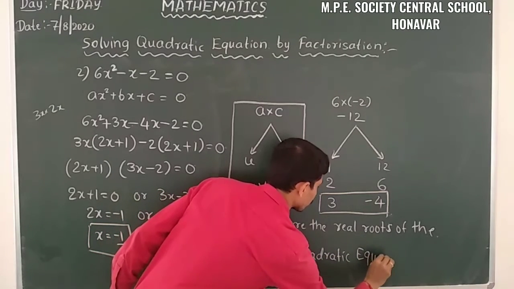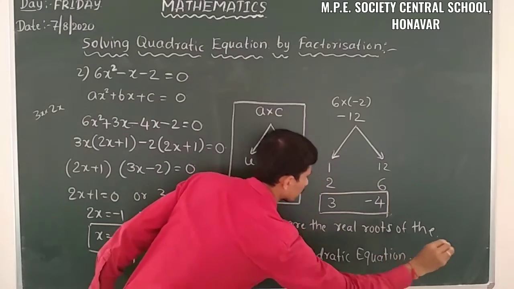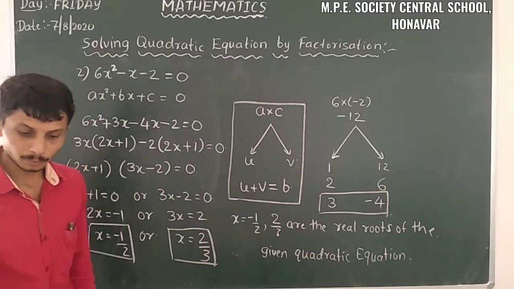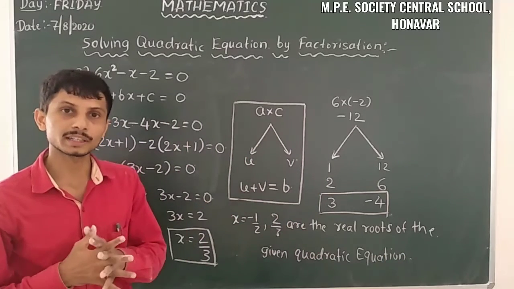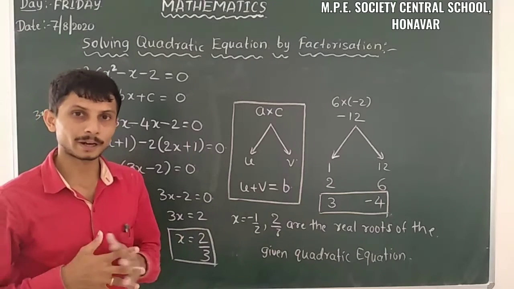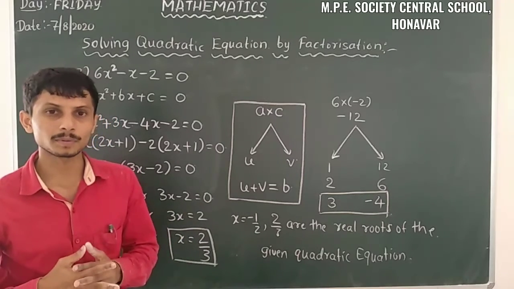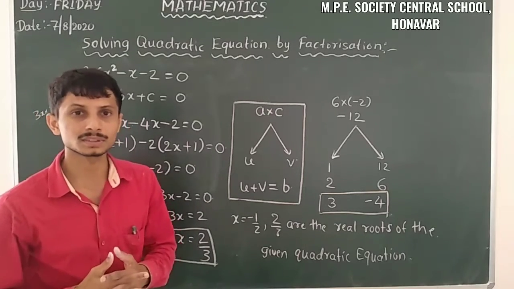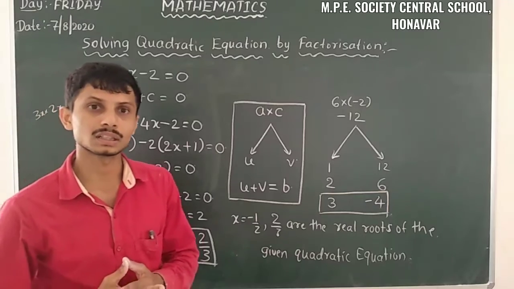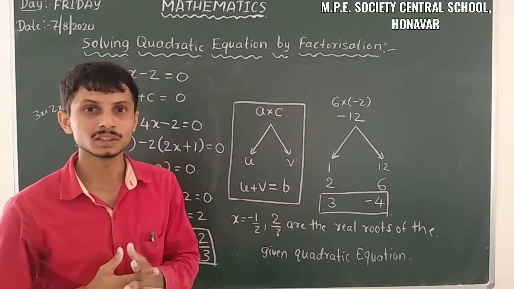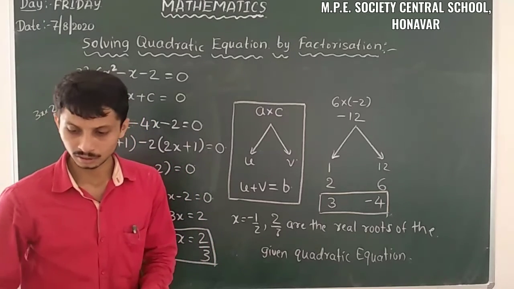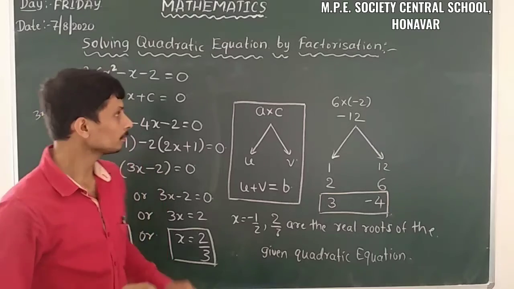So this is about solving a quadratic equation by the method of factorization. There are some other problems as well, and you can take many problems regarding solving quadratic equations by factorization. So let us move on to the last problem.